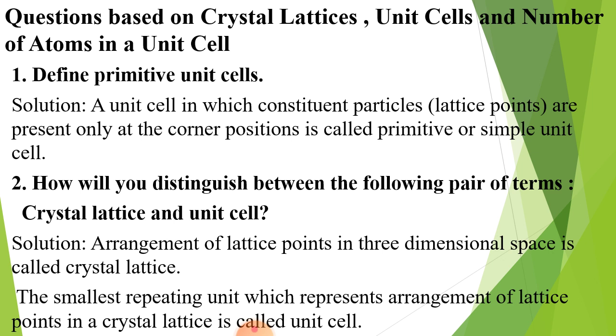And the smallest repeating unit which represents the arrangement of lattice points in a crystal lattice is called unit cell.